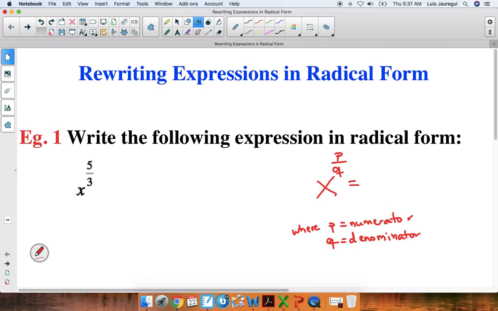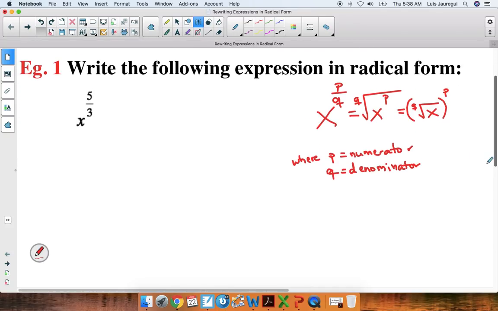Then we can say we have the following. This would just be x to the power of p under the qth root. Or equivalently, we can change the order here and say we have the base, we're going to take the qth root of that and we're going to elevate that to the p power.